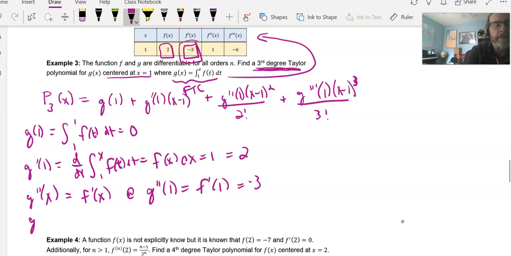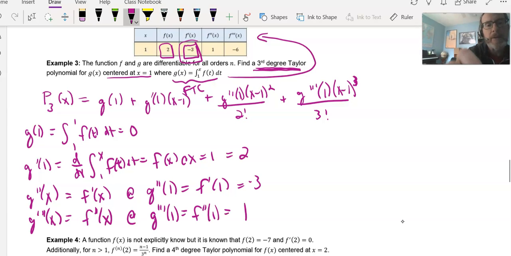And then g triple prime would equal f double prime. And at 1, that would mean that g triple prime of 1 is f double prime of 1, and that's equal to 1. So that last value that they gave us is really just there as a distractor.